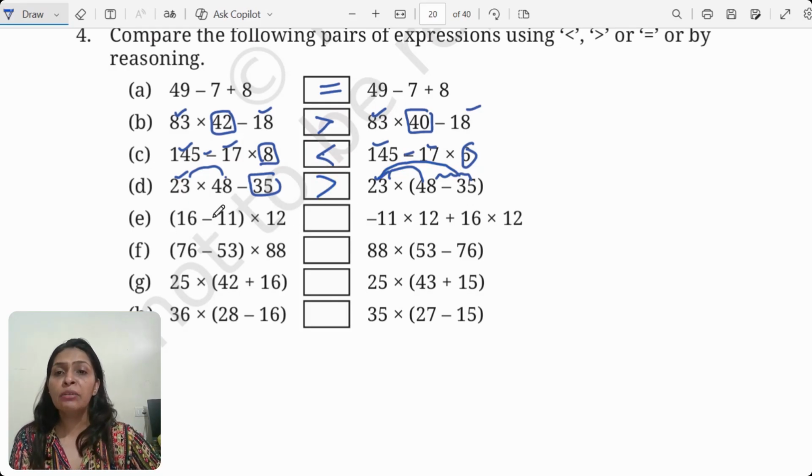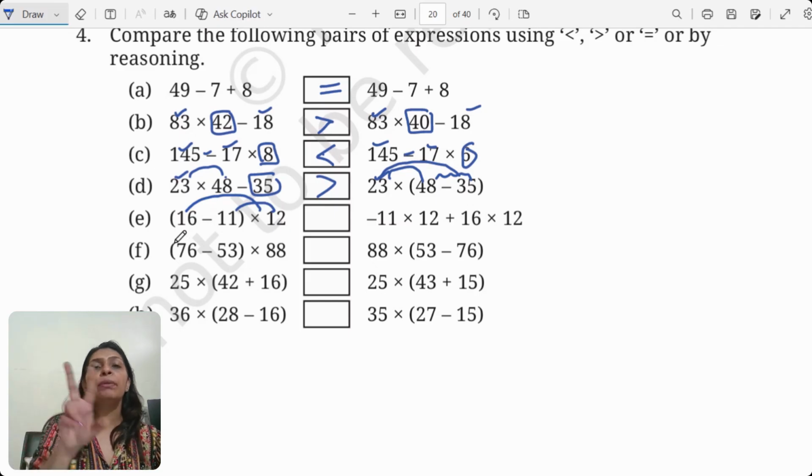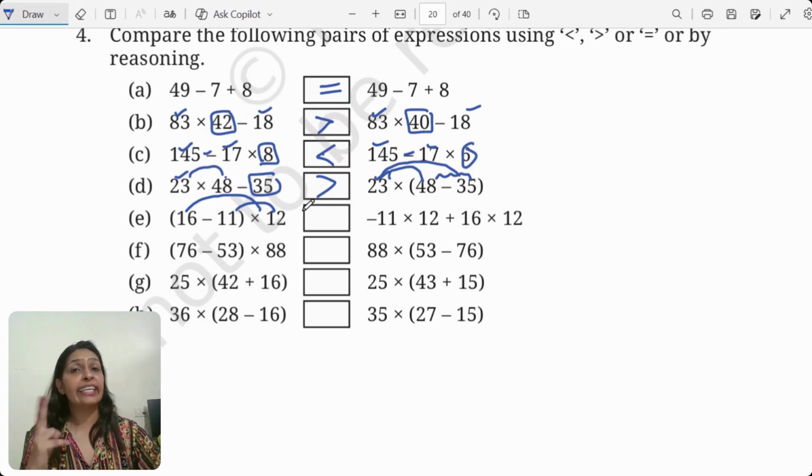Next is 16 minus 11 multiplied by 12. So what we have done here is minus 11 into 12 plus 16 multiplied by 12. If you observe it carefully, we have simply changed the order of 16 and 11. We have not altered the sign, so basically they are the same expression. They are not changing anyway. It is just written differently.